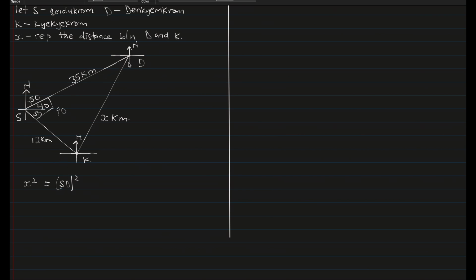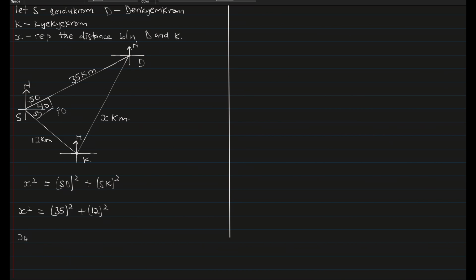Sedikurum to Denchemkurum, plus SK squared. All right. So X squared is equal to, now SD we know it to be 35 kilometers. So 35 kilometers squared plus SK we know it to be 12 kilometers, 12 squared.